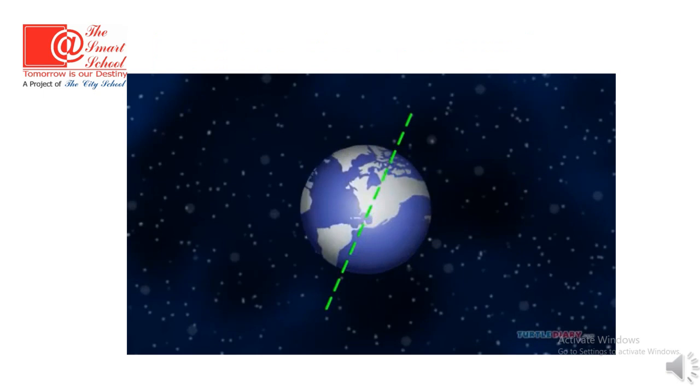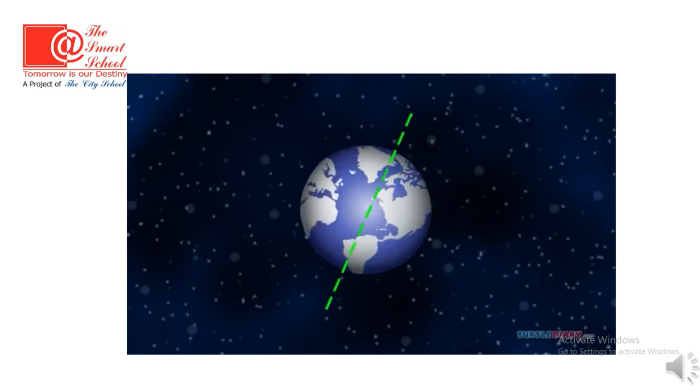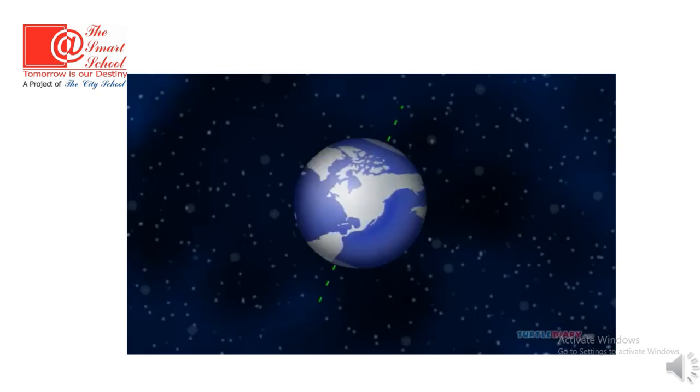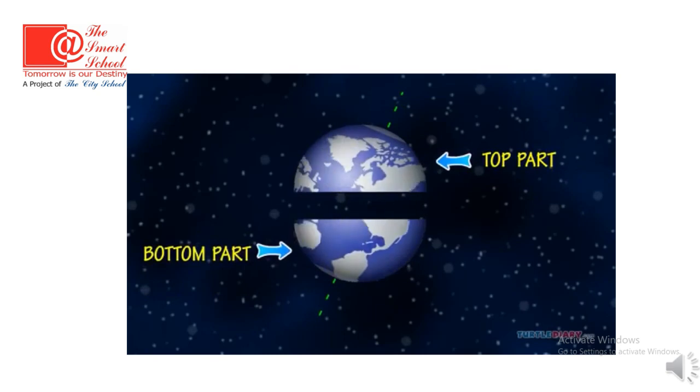The axis is not straight up and down. The Earth tilts a little as it spins. This tilting is very important. It's the reason we have seasons. We can think of the Earth as being in 2 parts, the top part and the bottom part.